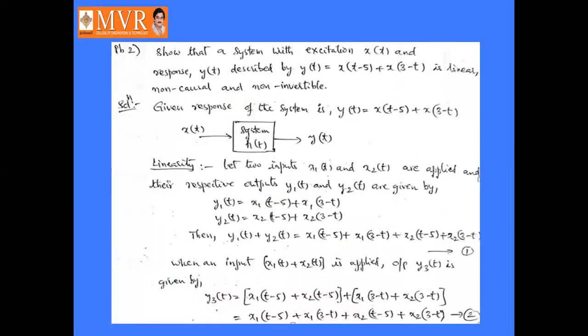Log e to the base e value is 1, so it is log 0.8 plus 2. So y of t becomes 0.8 whole power t by log 0.8 plus 2. That is the output response y of t with given h of t and x of t, right?